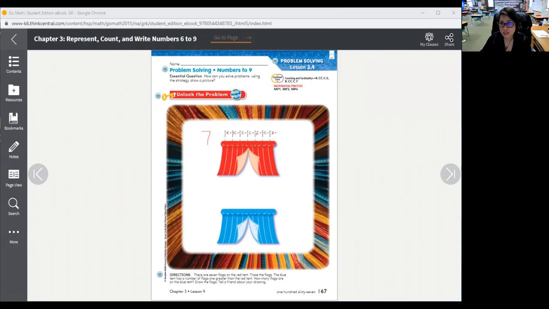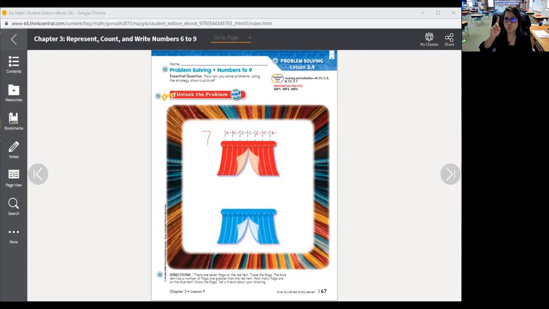So I'm going to write the 7 so I don't forget that's how many flags there are, okay? So the direction says that we have to draw 1 greater than the red tent, okay? 1 greater, okay? So what does that mean? How can we draw 1 greater? I'm going to ask Emilio.